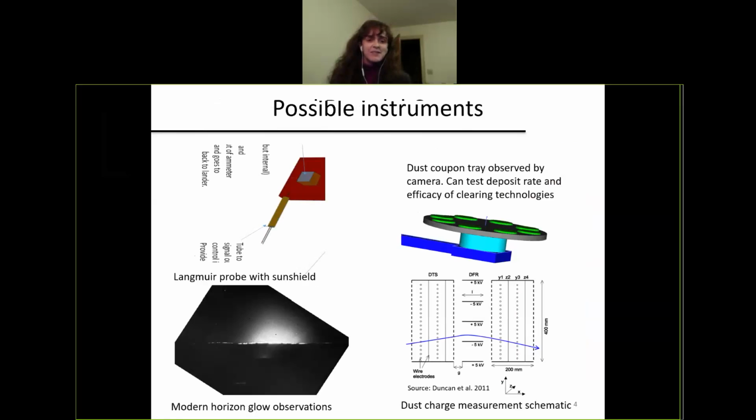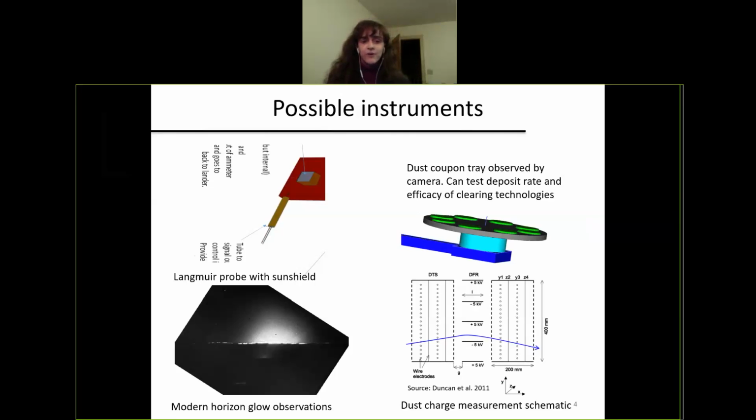All right, so these are just some of the possible instruments. It looks like my Langmuir probe got a little cattywampus there. But these are some of the instruments that we identified as possible payloads that could be flown to the lunar surface. In addition to a Langmuir probe, we could also have a coupon tray where we observe the deposition rate of dust and then test the efficacy of clearing technologies.